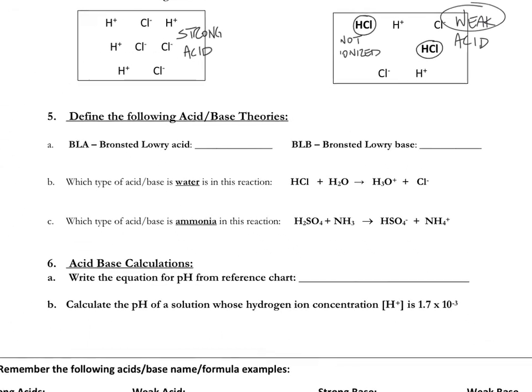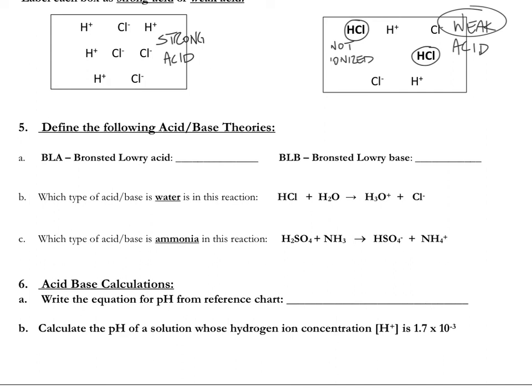All right, at the bottom, define acid-base theories. So a Bronsted-Lowry acid and a Bronsted-Lowry base. Bronsted-Lowry acids donate protons. So they're going to donate or give away hydrogen ions. They're proton donors.